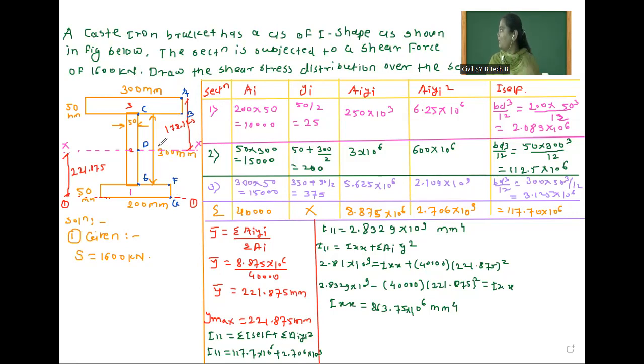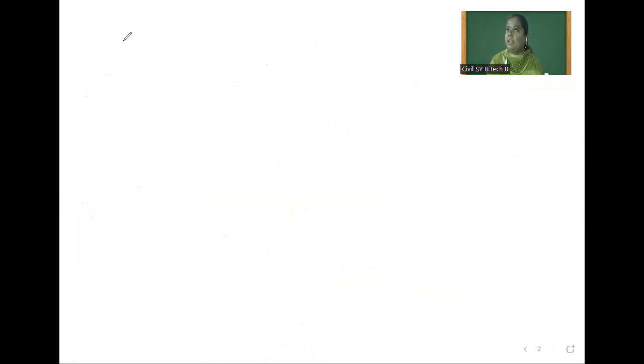No, because this section is unsymmetric. So we have to find out shear stresses at each and every point. So shear stress at A and G is equal to how much? 0, because at top and bottom shear stress is always 0.